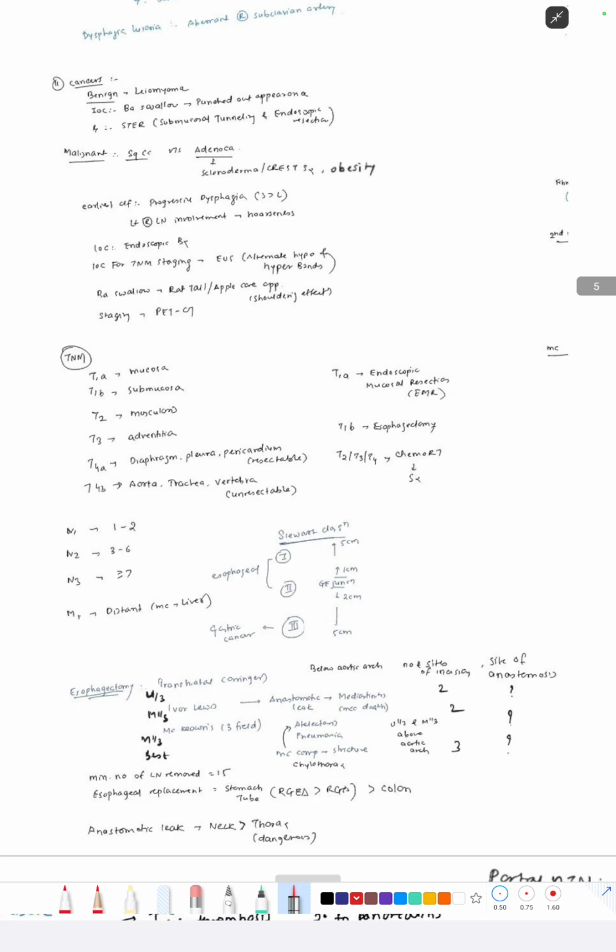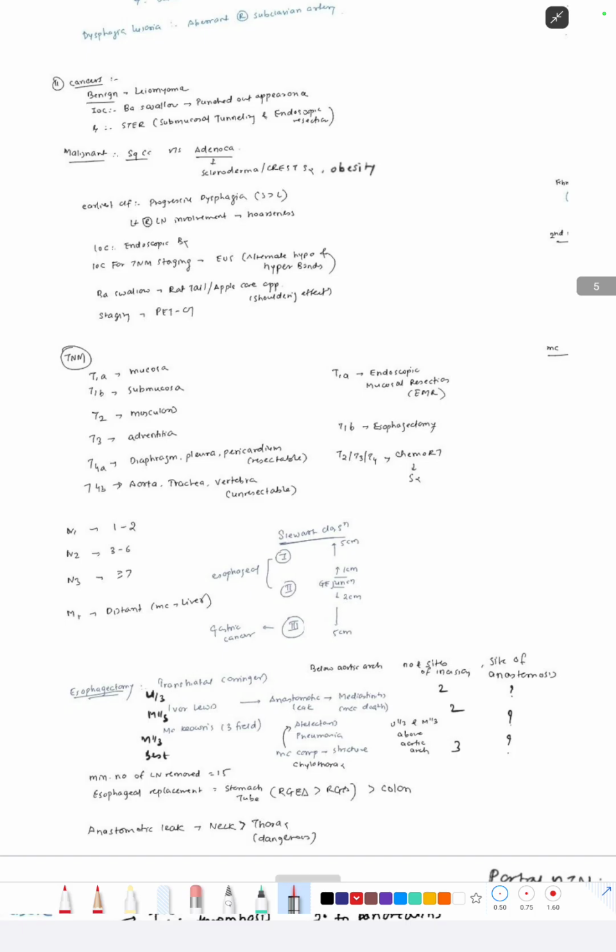So the transhiatal or the Orringer type has 2 incisions: upper midline incision and an incision at the left neck. While in the Ivor Lewis approach, there are again 2 incisions, that is upper midline and a right thoracic. While in the McKeown's three-field, there is going to be upper midline, right thoracic, as well as left neck.